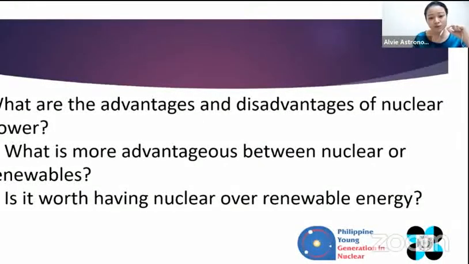What nuclear is trying to replace or even complement are the fossil fuels, which are the base load source of our electricity. But with nuclear, it will emit way lesser carbon dioxide, and at the same time, it's reliable, and the cost of the fuel is more stable.